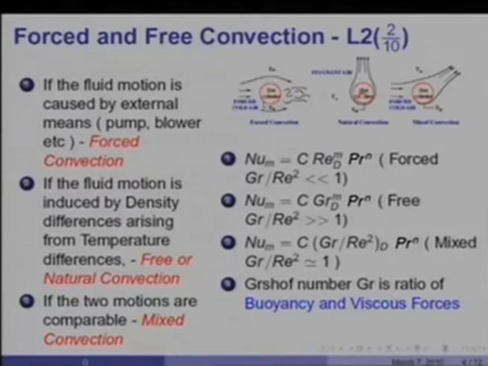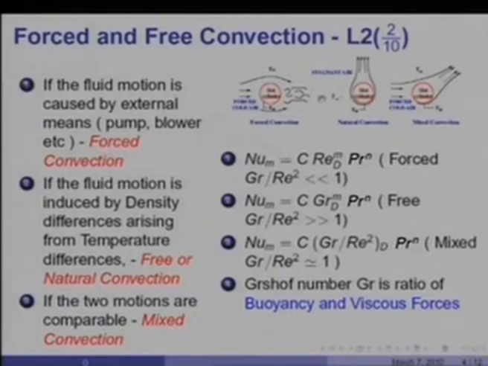On the other hand, if this cylinder was kept in stagnant air, you would see the fluid motion would still be caused, but it will be upwards, acting against gravity g, which is downwards. Since the cylinder is hot, the density near the cylinder is low and the temperature of the stagnant air is very low, and therefore its density is high.